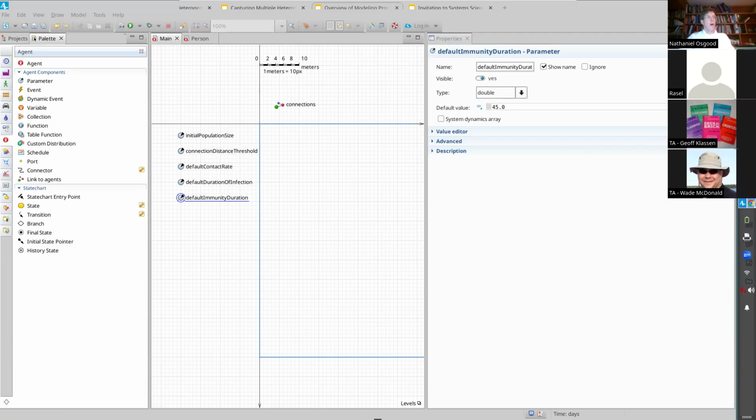Okay, now before there can be people upon the world, there needs to be a population of them. Does anyone remember, from the vague recesses of your memory, how we add a population to this model?